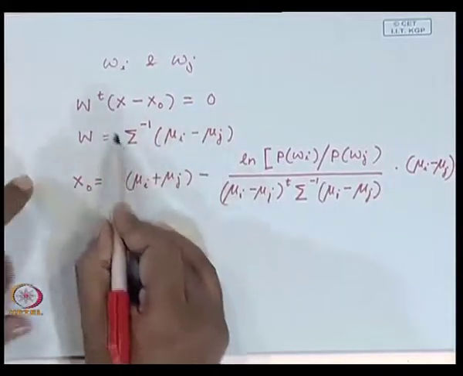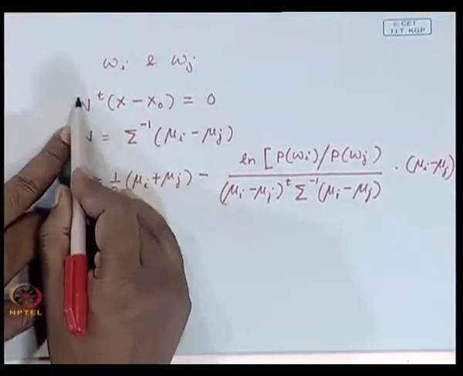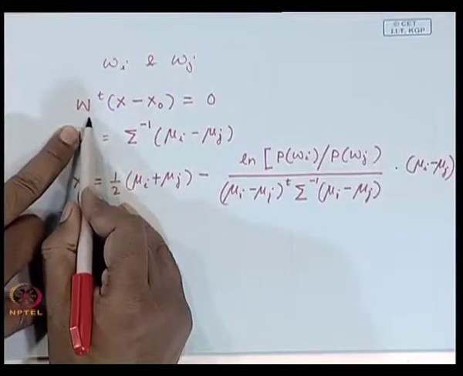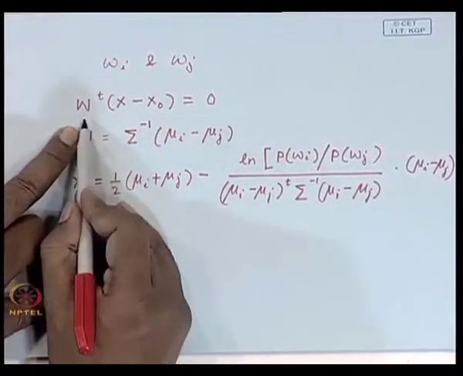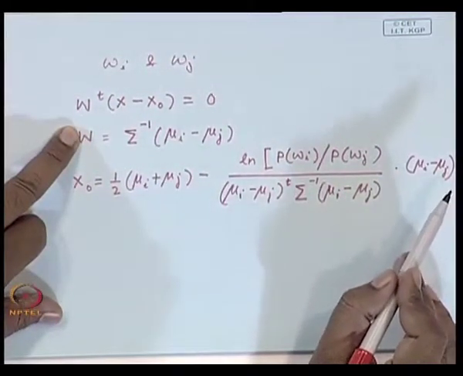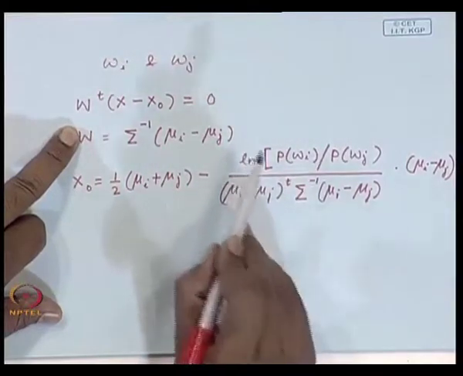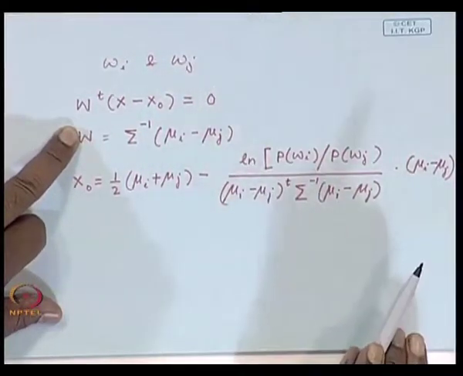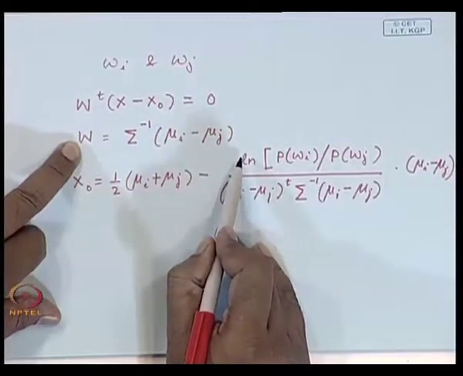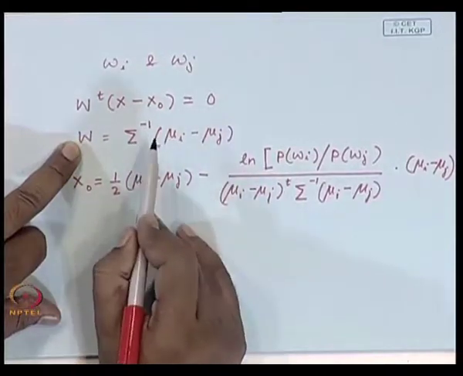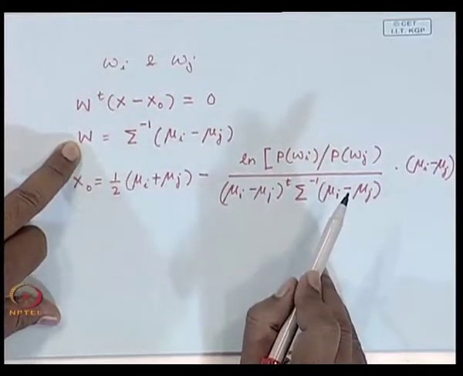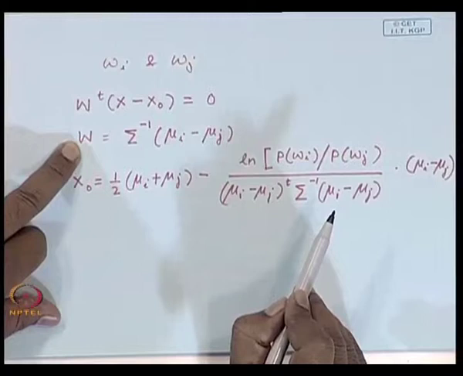So, from this expression, though my decision surface is orthogonal to vector w, in the previous case w was in the direction of the vector μ_i μ_j, so the decision surface was orthogonal to the line joining μ_i and μ_j. In this case, because w is not in the direction of the line joining μ_i μ_j, the decision surface is not in general orthogonal to the line joining μ_i and μ_j.